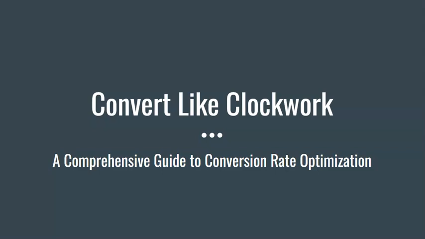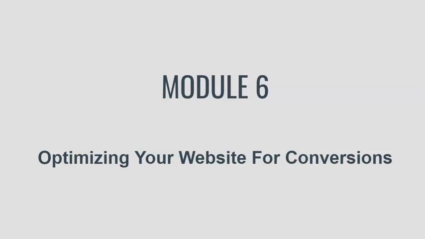Alright, welcome to Module 6 of this course, Convert Like Clockwork Training Boot. In this Module 6, we are going to look into optimizing your website for conversions. Like we've said in the previous classes, there's really nothing your business is doing online if your website is not optimized.